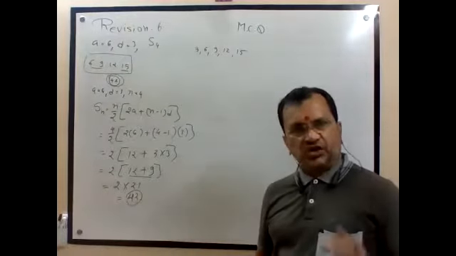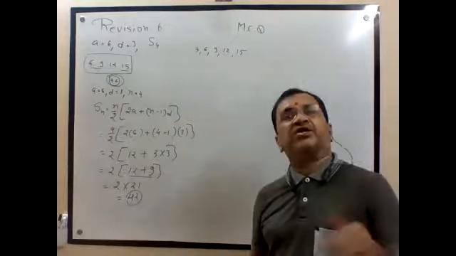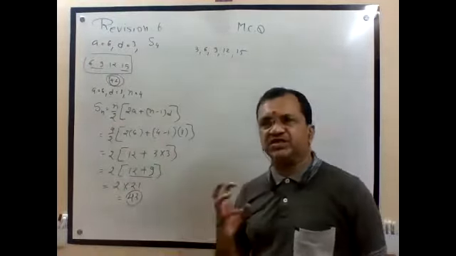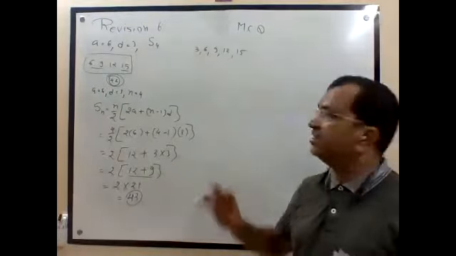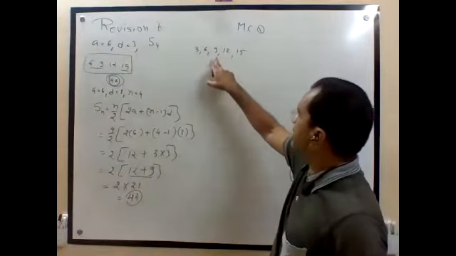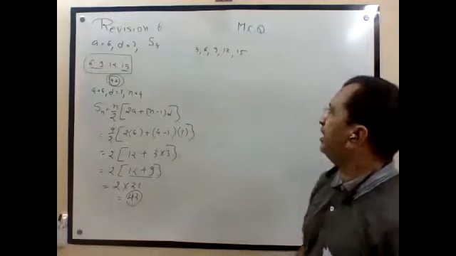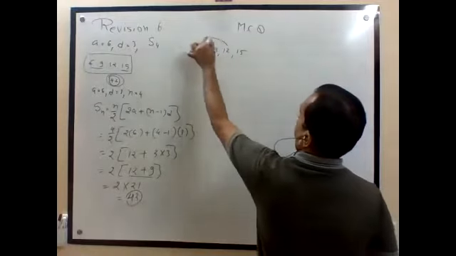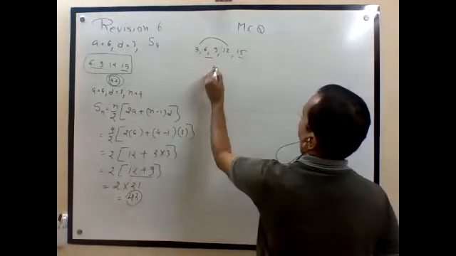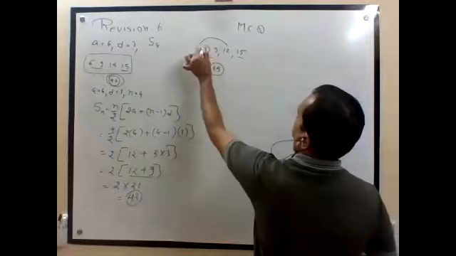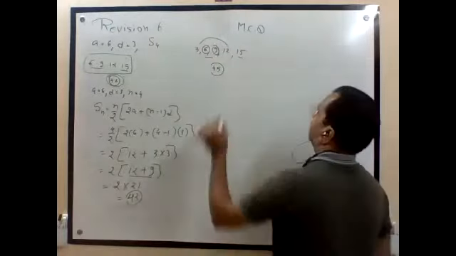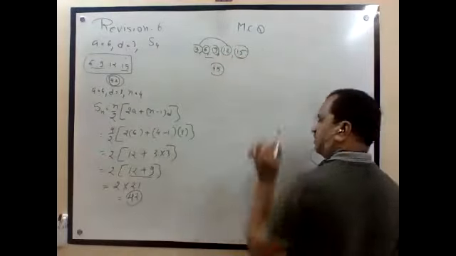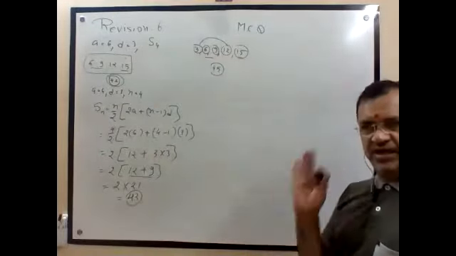We want the sum of such numbers which are multiples of 3, but the first 5 terms. So the first multiple of 3 is 3. 3 ones, 3 twos, 3 threes, 3 fours, 3 fives. Now again we want the total. So 9 plus 6, 15, 1 time. 12 plus 3, 15, 2 times. 15, third time, so 45.